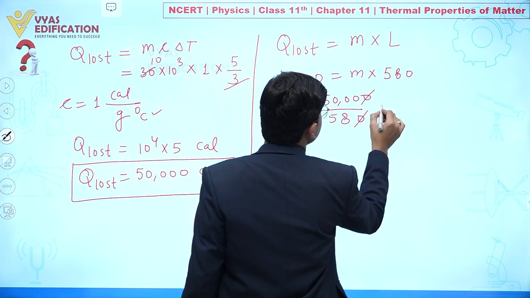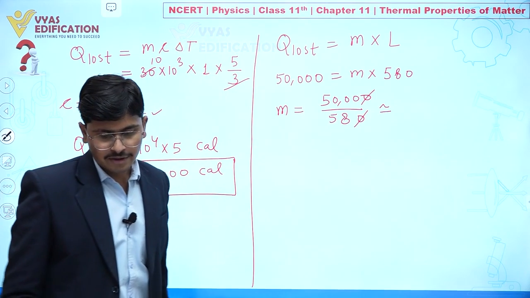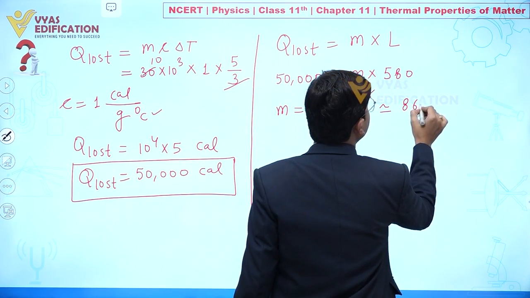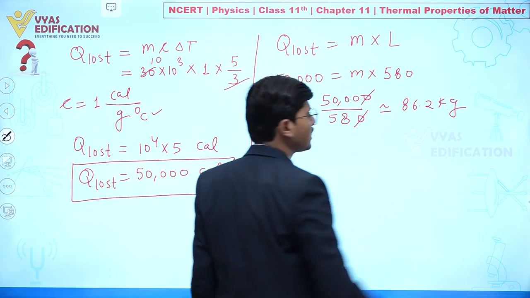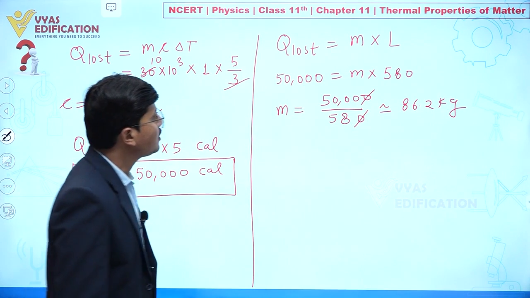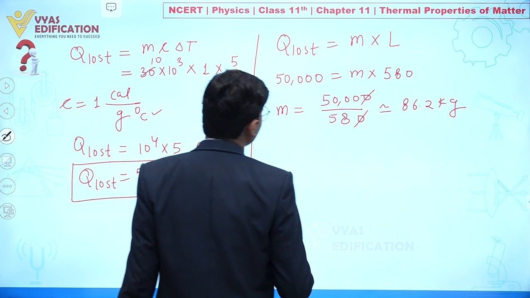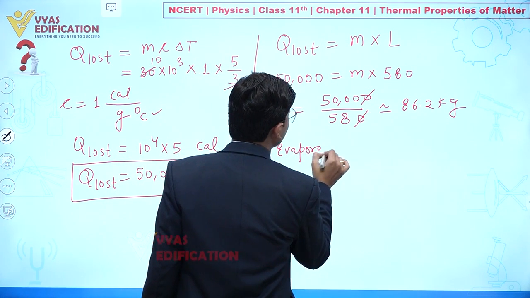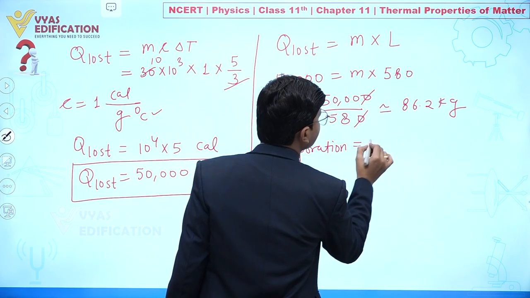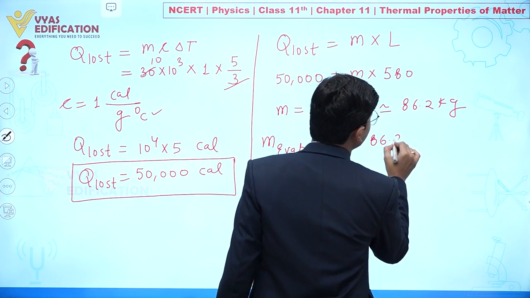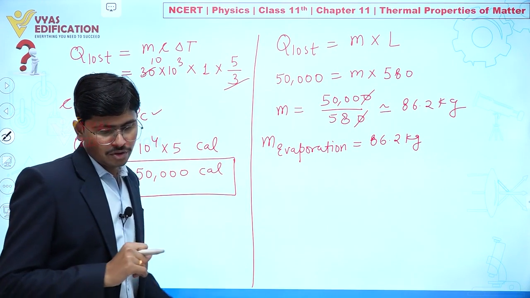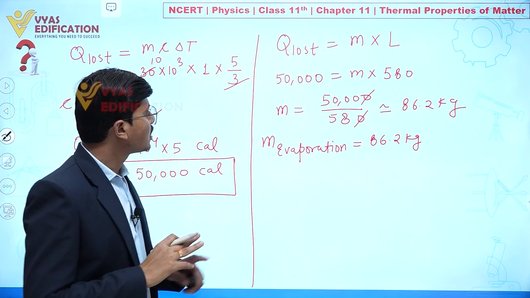So we can say this one and this one cancel out, and if you solve it, you will find the answer is near about 86.2. Kilogram or gram?